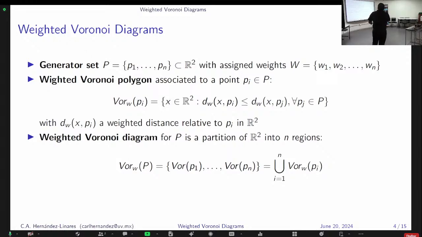In this case, the function dw is not necessarily a distance in the mathematical sense, but in some sense, this is the set where Pi is the most important point. The union of all Voronoi regions is the weighted Voronoi diagram.